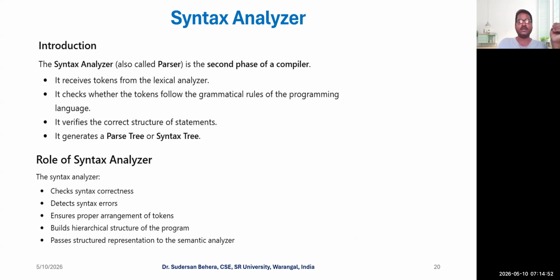It checks whether the tokens follow the grammatical rules of the programming language. I mean, after receiving all tokens, it checks the tokens are arranged properly or not. Whenever we are writing something or saying something, the sentence must be correct, right? So that others can easily understand. But how can you say that the sentence is correct?